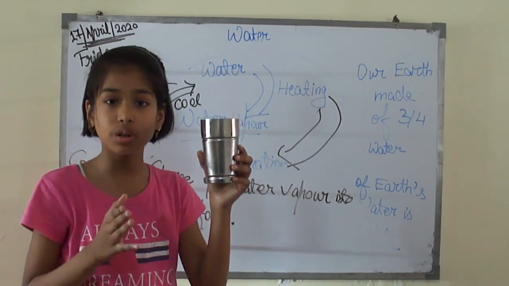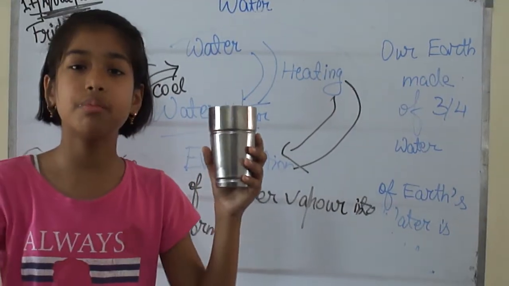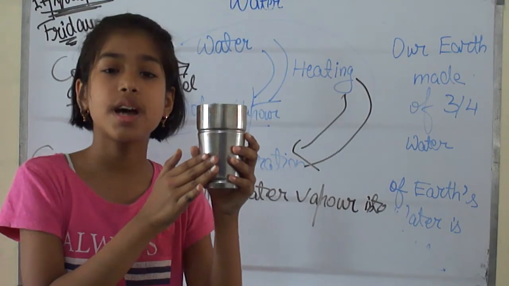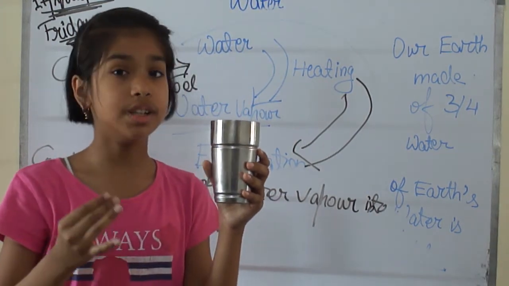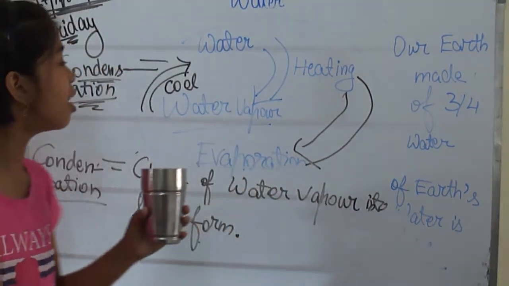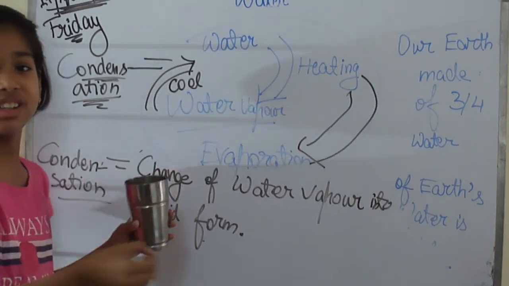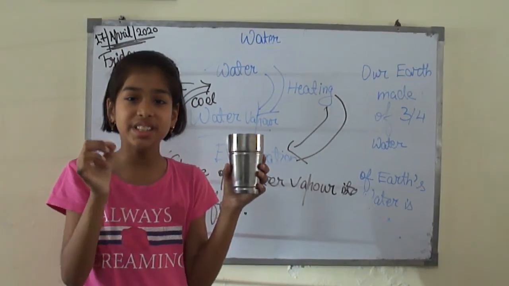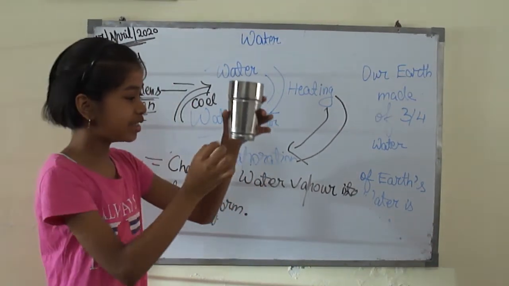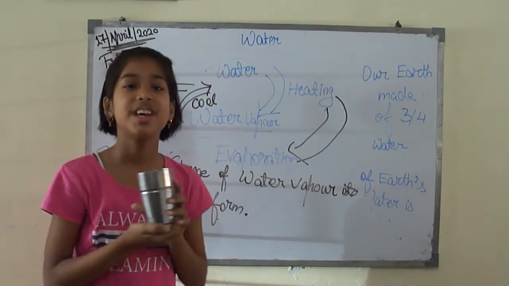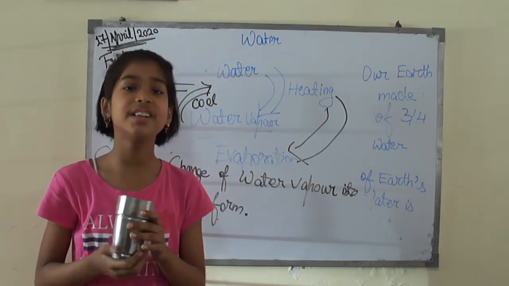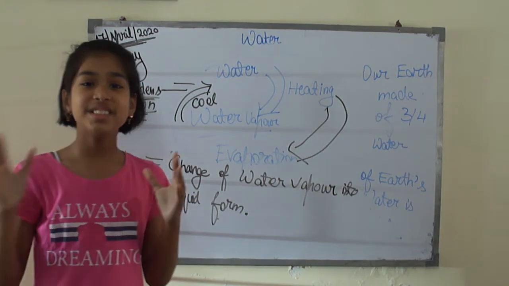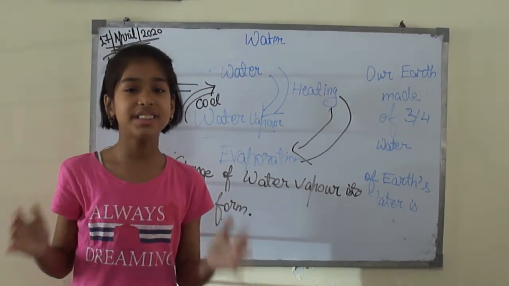This glass is cooled because of the ice, and when the water vapor touches it, it starts cooling down. And when it starts cooling down, it forms water. So it forms such tiny water droplets, and you can see these water droplets. This is called condensation.